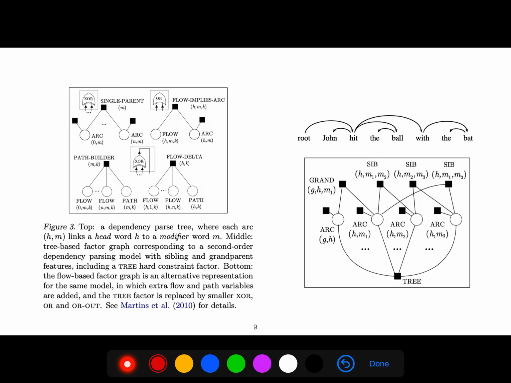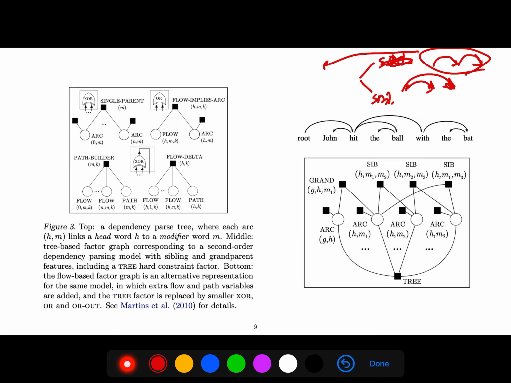For example, two higher order features are the sibling one, where this is the head of this, and this one is the head of that one, so it's like a chain, and the grandparent. So this is sibling, and the first example could be a grandparent constraint.